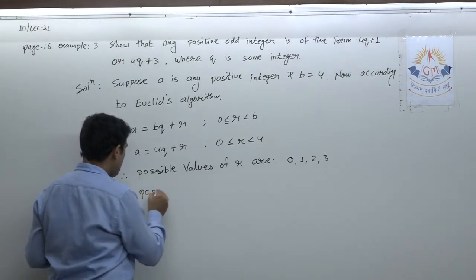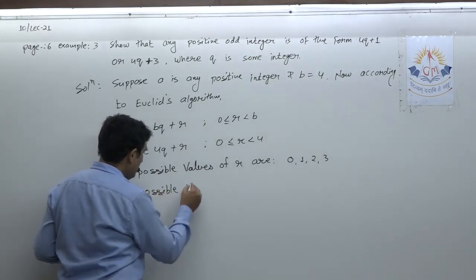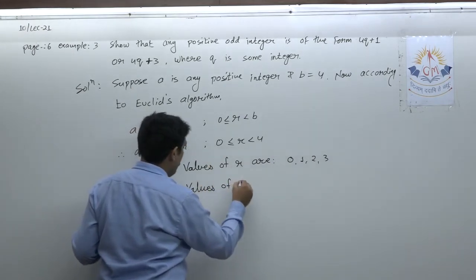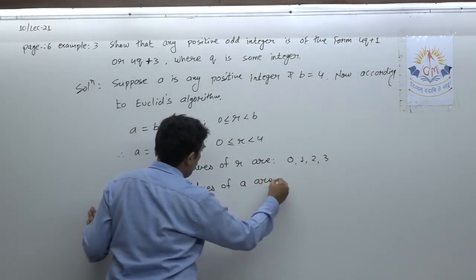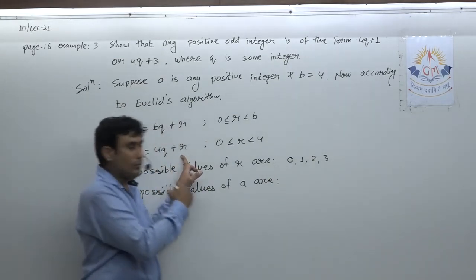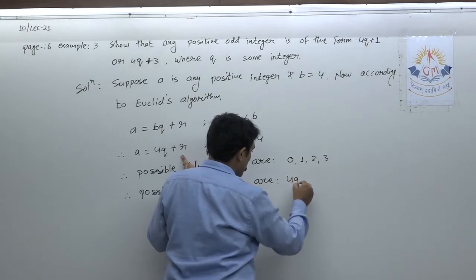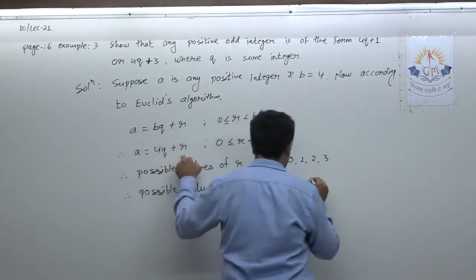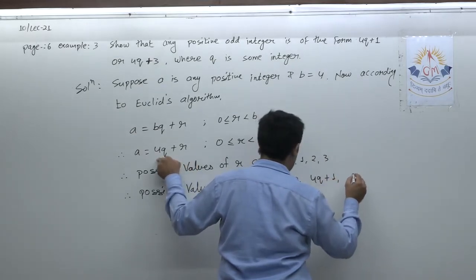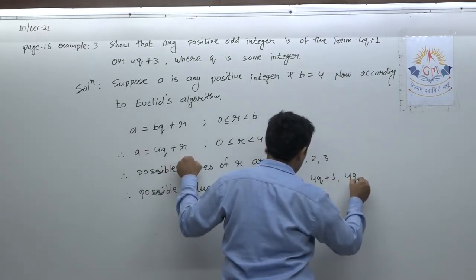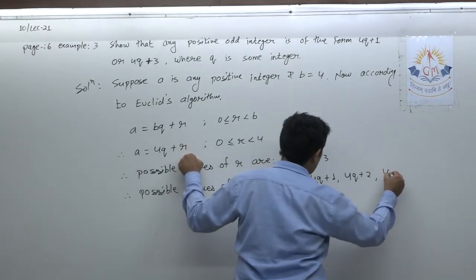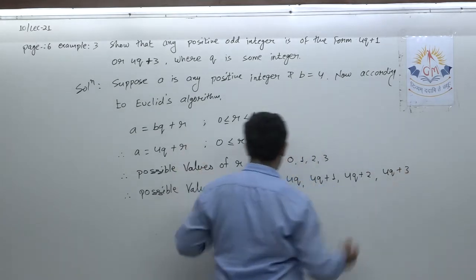Therefore possible values of a: when I put r equal to 0, a will be equal to 4q. If I put r equal to 1, this will become 4q plus 1. If I put r equal to 2, this will become 4q plus 2. And if I put r equal to 3, this will become 4q plus 3.